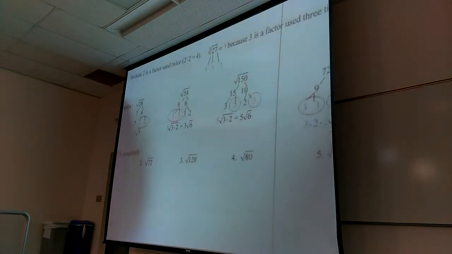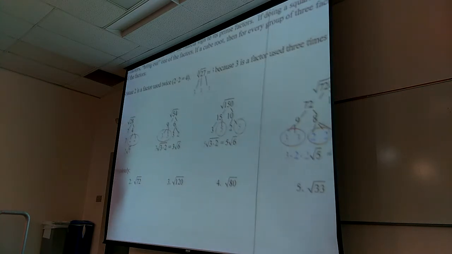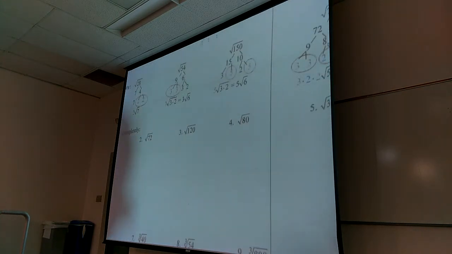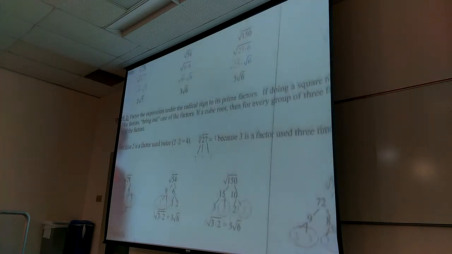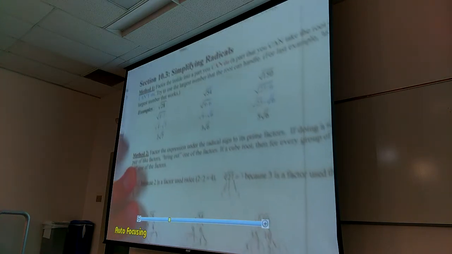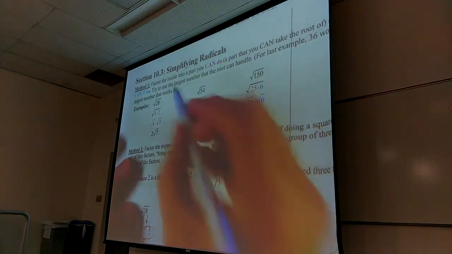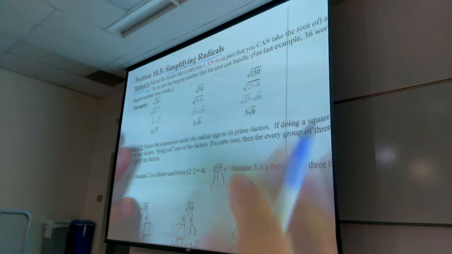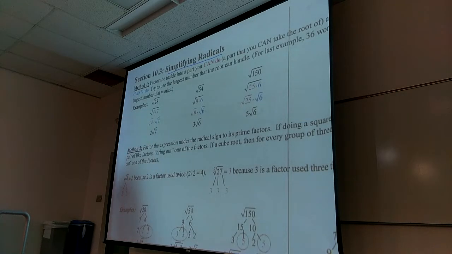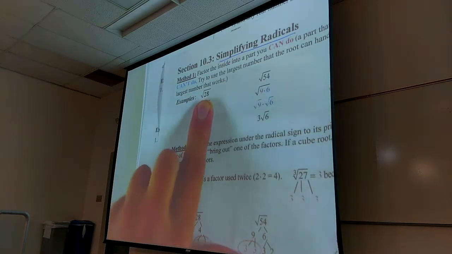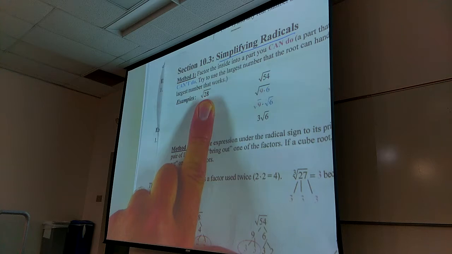Real quick little look ahead to the back here. Push into chapter 10. I give you examples of 2 ways to do this. This, to me, feels like reducing a fraction in a way. So, for example, if I have the square root of 28, what is the square root of 28? I don't know. Can somebody give me a decent estimate?